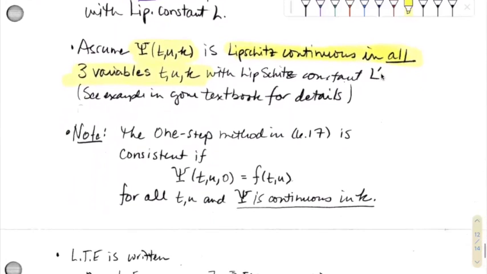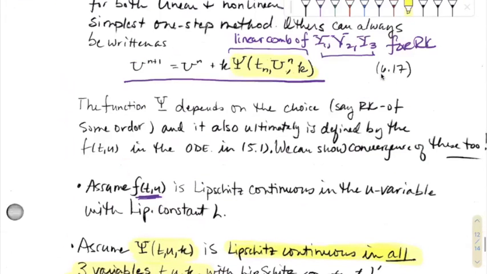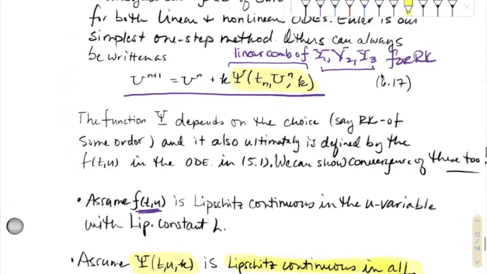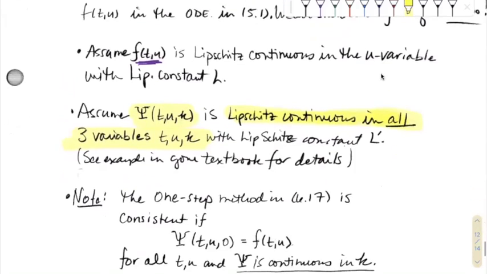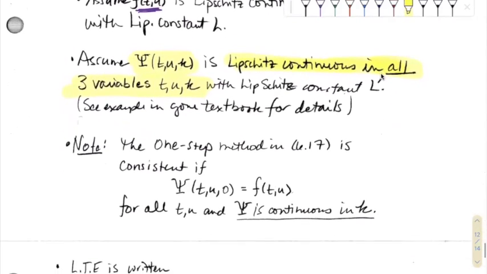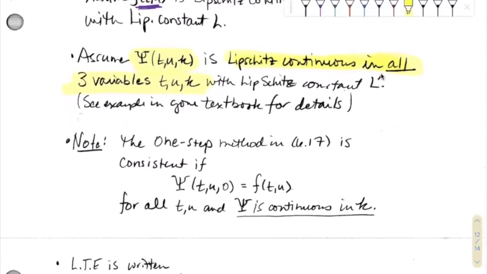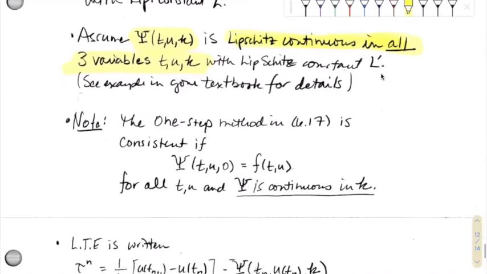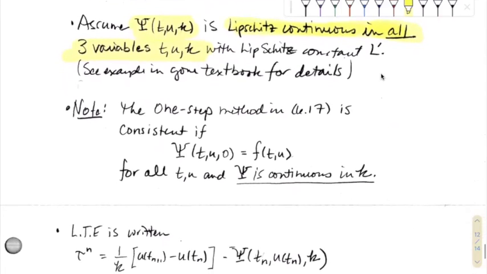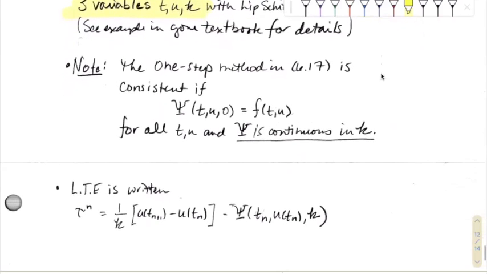One comment here is that for any one-step method of this particular form, if you evaluate psi at k equals 0, and that is continuous in k, then that one-step method is consistent. I won't say anything more about that, just to walk you through a few of the algebra details here.